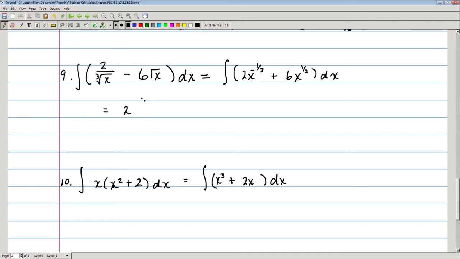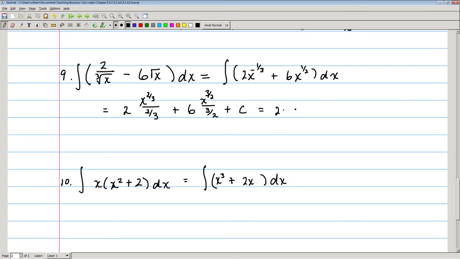We're going to add 1 to the exponent. Minus 1/3 plus 1 is minus 1/3 plus 3/3, so that's 2/3, divided by the new exponent, plus 6, 1/2 plus 1 is 1/2 plus 2/2, that's 3/2. We'll divide by the new exponent, plus c.